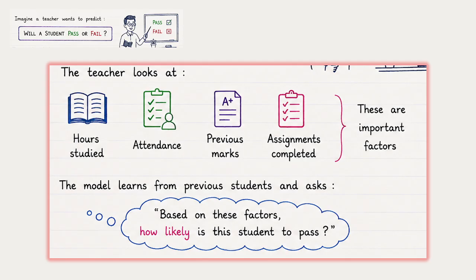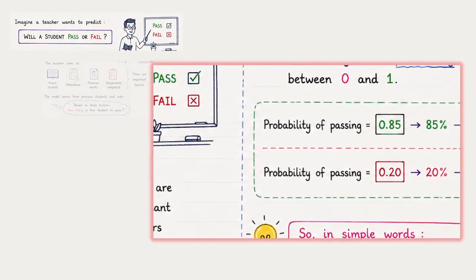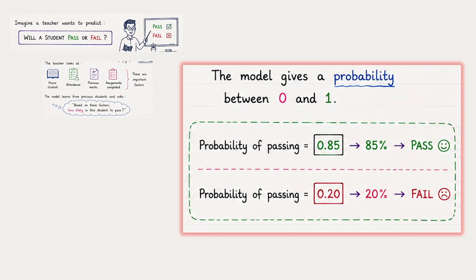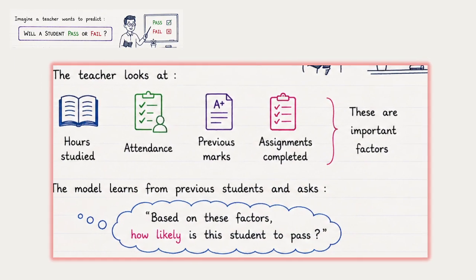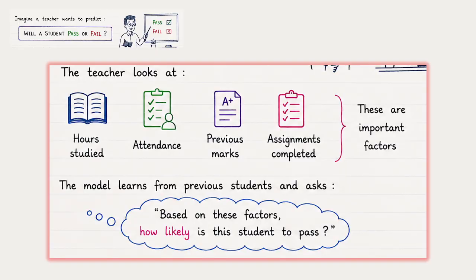Has the student completed all the assignments? All this can be important factors for predicting whether a student may pass or fail. And in the same way, our machine learning model, the logistic regression algorithm, will also learn from previous student data. It will have data about previous students. From this data, it will learn the patterns, and based on those patterns, it will predict whether the student will pass or fail.